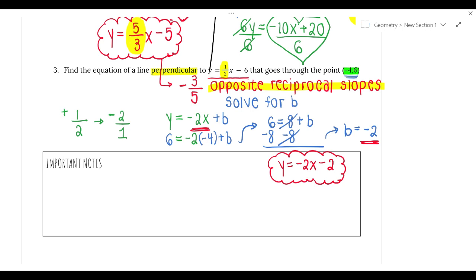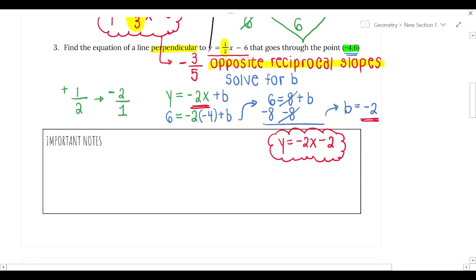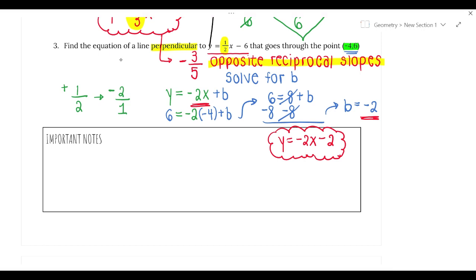And it also goes through the point negative 4 comma 6. So some important notes that we want to take down is that lines that are parallel have the same slopes.